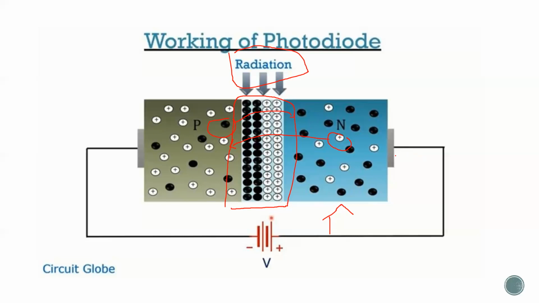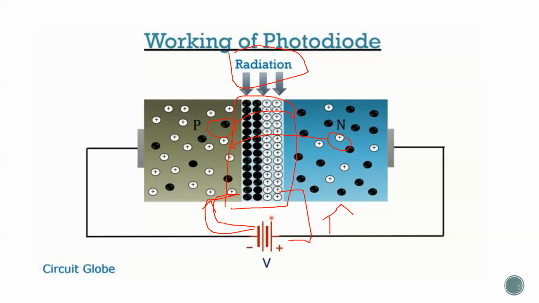At the time of separation, the holes in the P region get attracted toward the negative potential of the battery, and the electrons in the N region get attracted toward the positive potential of the battery.